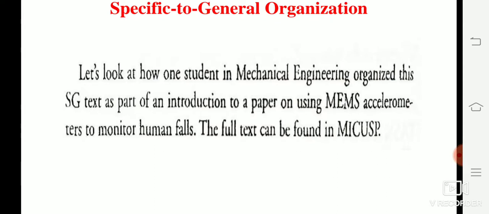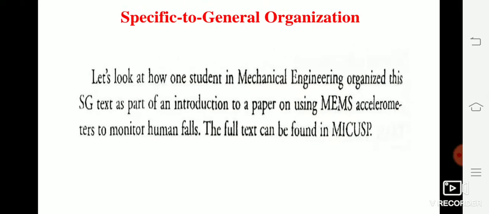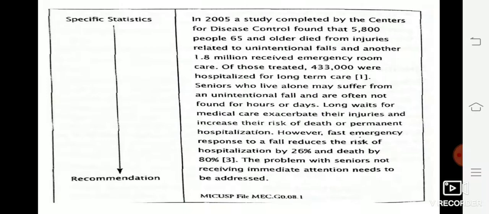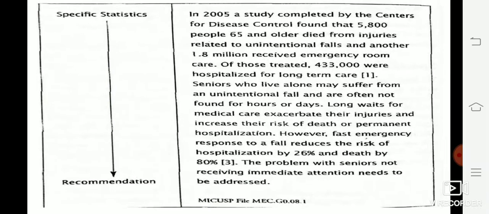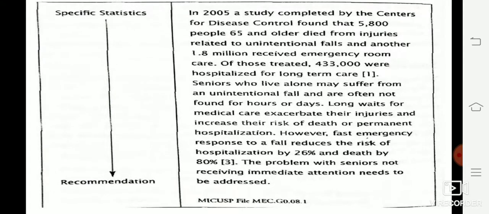The full text can be found in the miscellaneous section. So can you now look here? This is the example. So specific, and then recommendation. Do you see here, everyone? I will read for you.